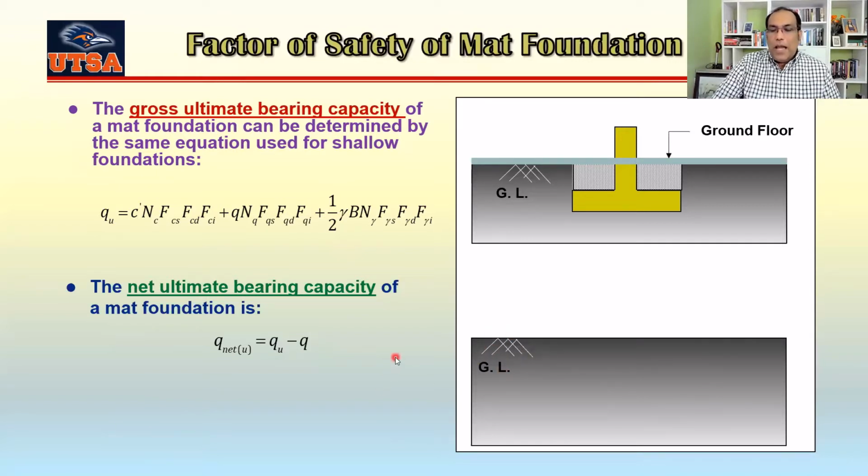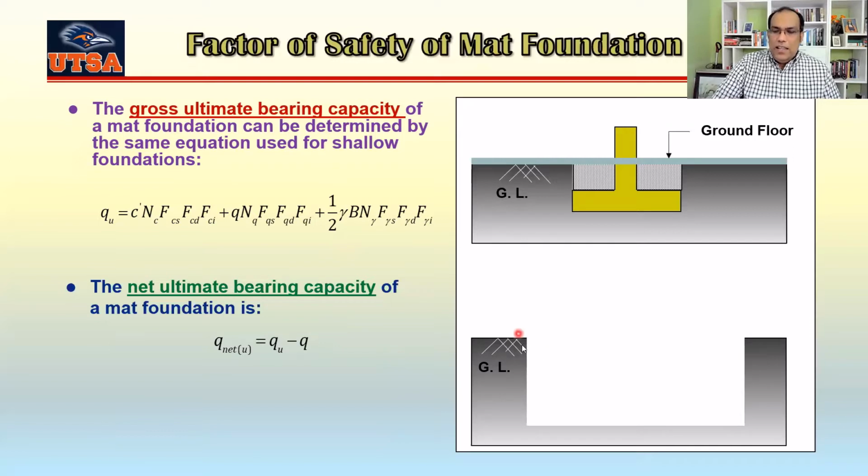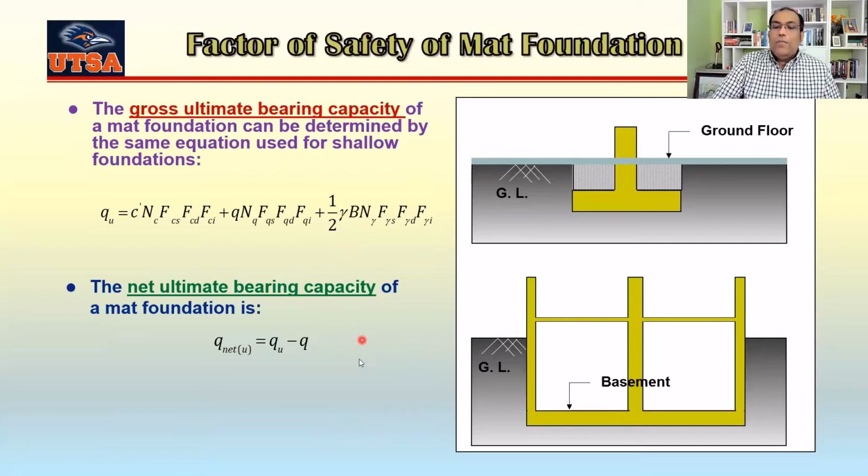To construct the mat, we usually cut a deeper section and put the construction there, but we never fill it with soil because we make it a parking lot or basement. So we try to find out how much net load it can take. So what is the net ultimate bearing capacity you can do here?